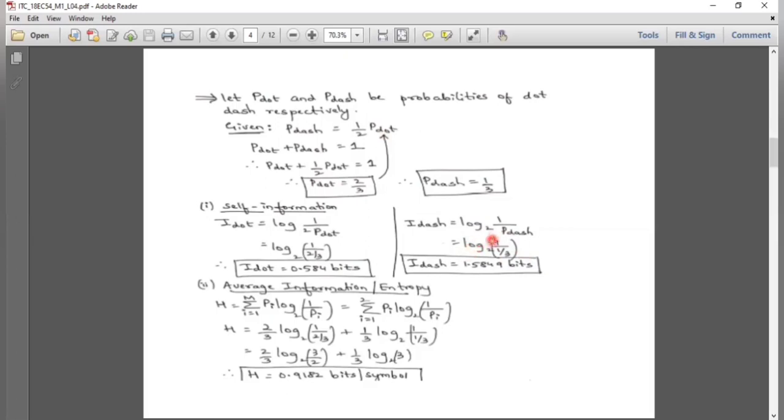Log 1 divided by 1 by 3 can be written as log 3 to the base 2. Log 3 to the base 2 can be computed as log 3 divided by log 2, which gives us 1.584 bits as the information conveyed by dash event.